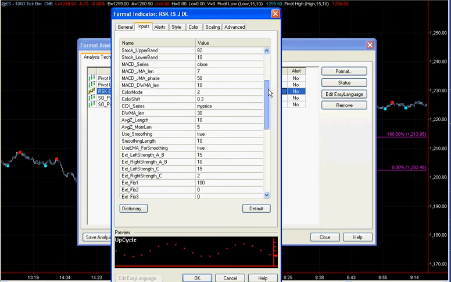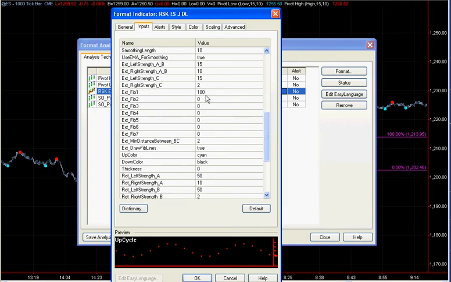We define our left strength, our right strength. Point C has the same left strength as point A and B, and then the right strength of C is set to 2 so that we can recalculate quickly. In this instance, we've also set up the drawing of the extension lines so that no down extension takes place. We're setting the down color to the background color of the chart.